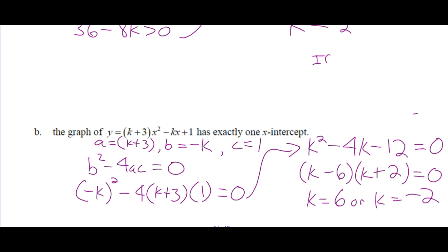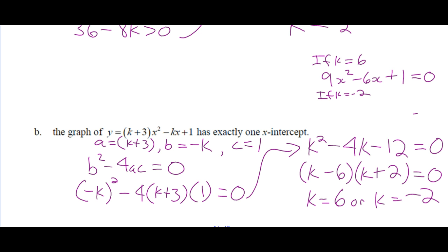So if k is equal to 6, we have 9x squared minus 6x plus 1 equals 0, right? b squared, so that's 36 minus 4 times 1 times 9. It's 36 minus 36 is 0. It's good. And if k is equal to negative 2, what do we got?